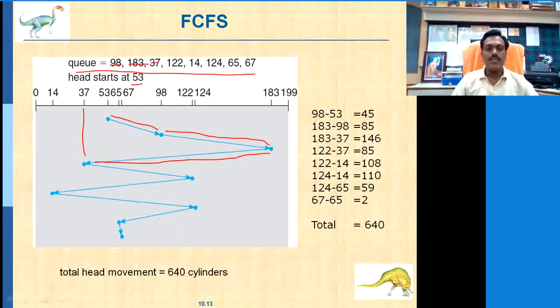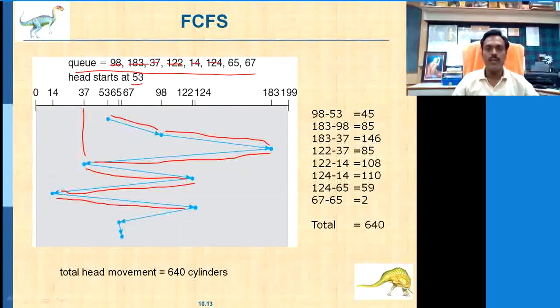Now after the 37th cylinder is serviced, from 37 it goes to 122, this one. Now the next request is 14. So from 122 it goes to 14. Now from 14 it goes to 124.